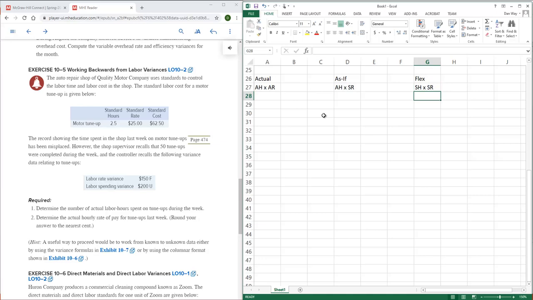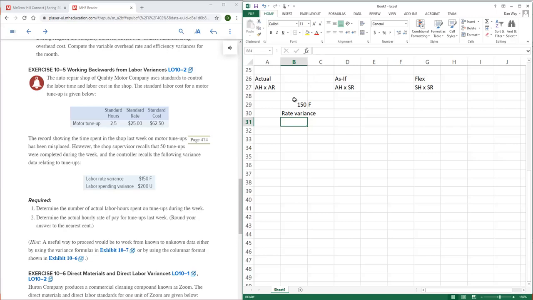Now let's also think about where these variances fall. The labor rate variance is just the difference caused by a difference in rate only, not necessarily in usage of labor time in any way. So the rate variance is going to be over on this side. Let's stick that in, 150 favorable, and that's our rate variance. Let's make sure we think for a second about what that means.